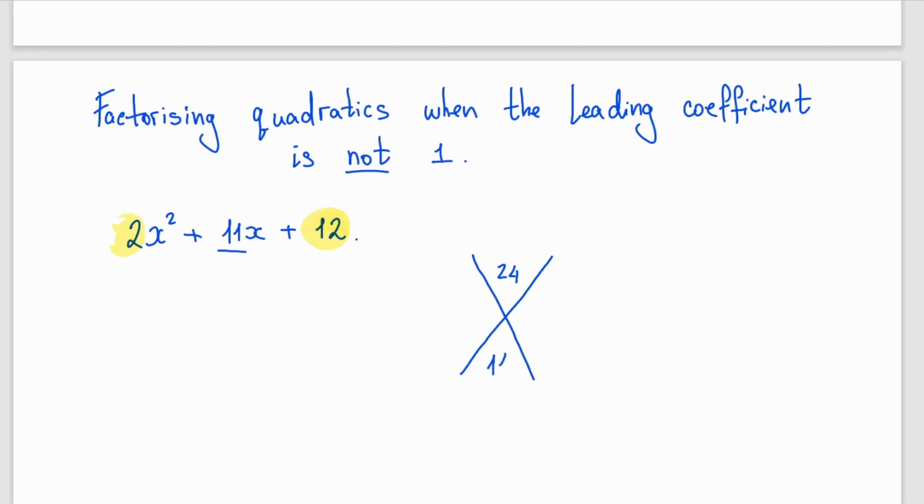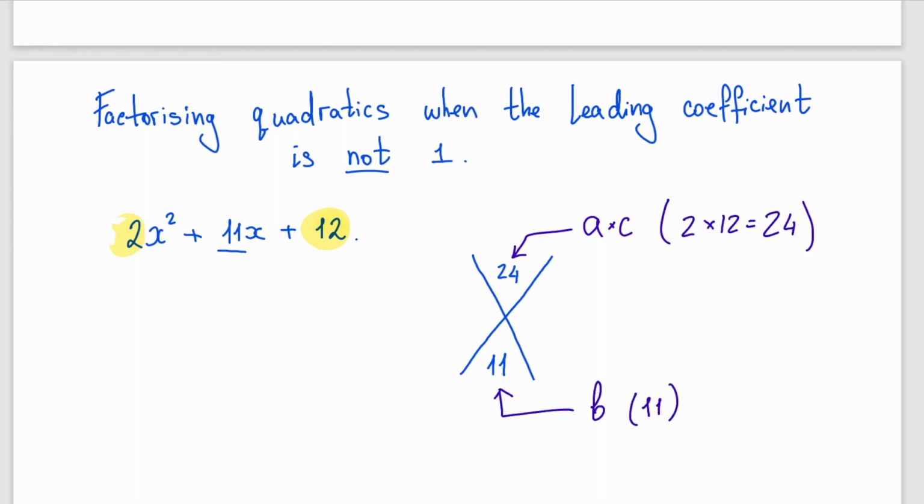In our case that's 11. Now, our goal is to think of two numbers that multiply to 24, this top part, and add up to 11, or the bottom part.